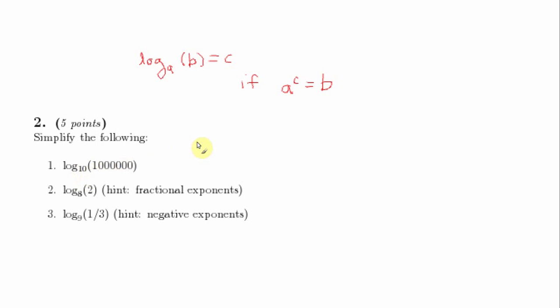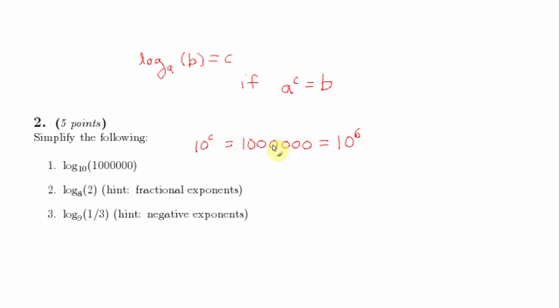So we have 10 to the blank is equal to, what number is this? This is 1,000,000. There's a couple ways you could go here. You could just know that 1,000,000 is 10 to the 6th power, and that means that you can read right off the bat that C is 6.